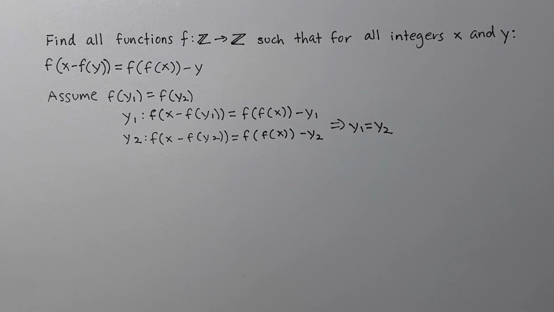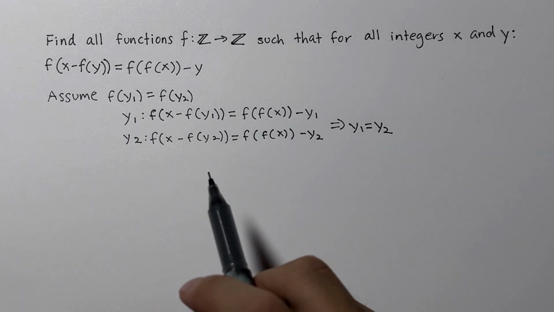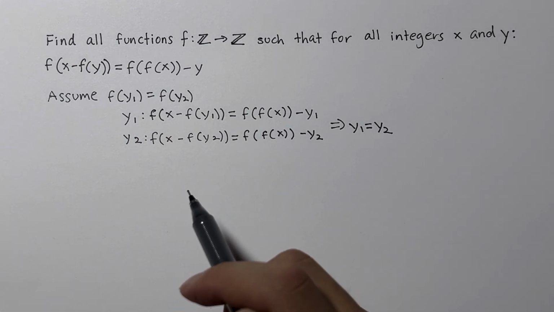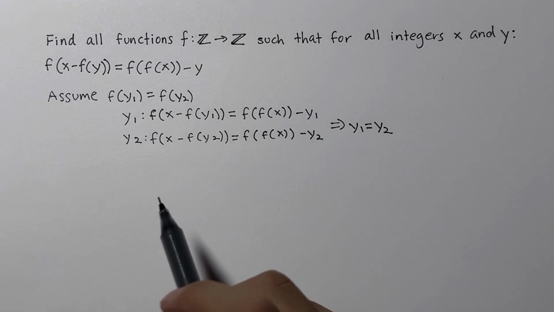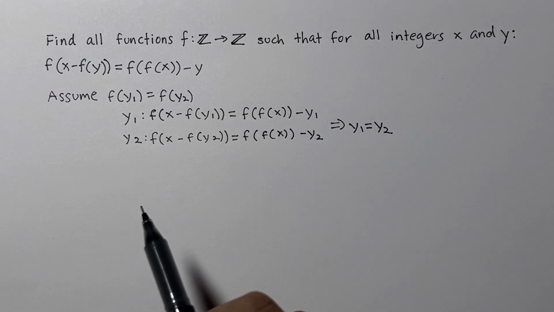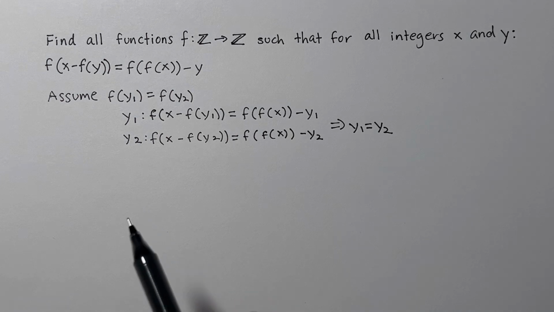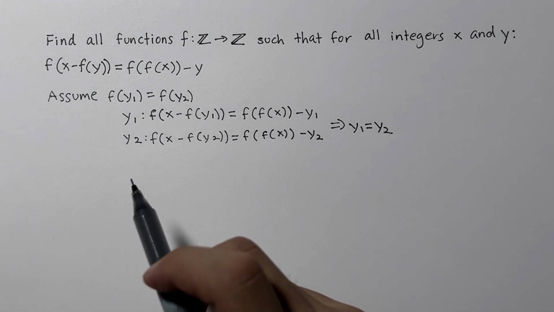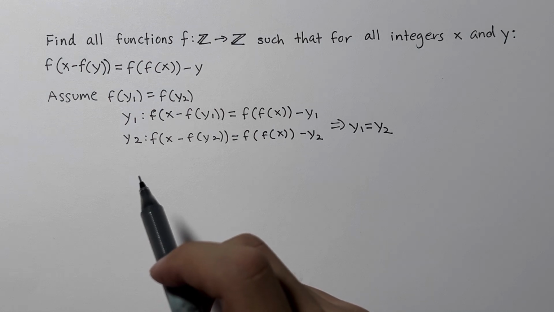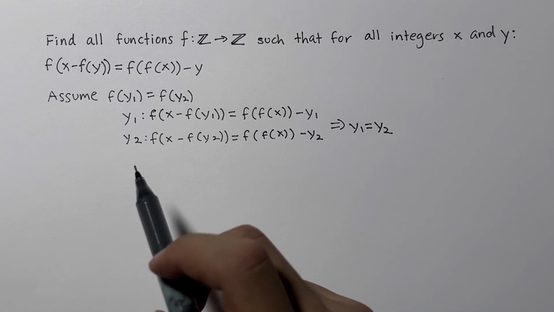Now, let's look at the right-hand side of the equation, f of x minus y. Pick any integer you want, let's call it k. Can we make the function's output equal to k? Let's fix x to be any integer, for example, say x equals 0. The term f of 0 is just some fixed integer constant, which we can call c.